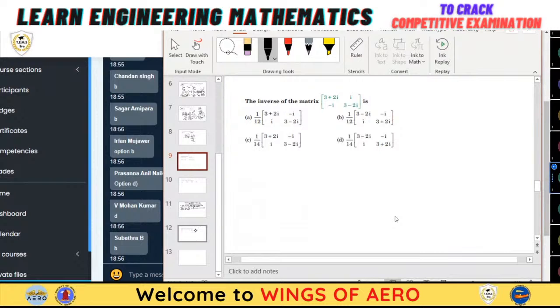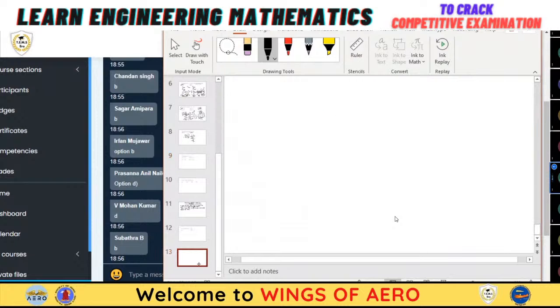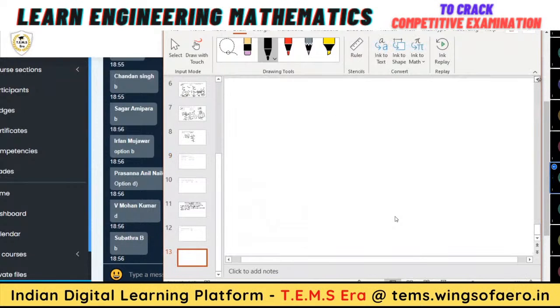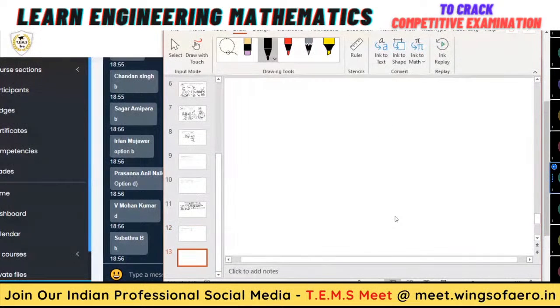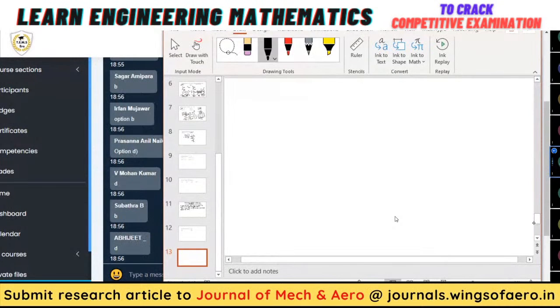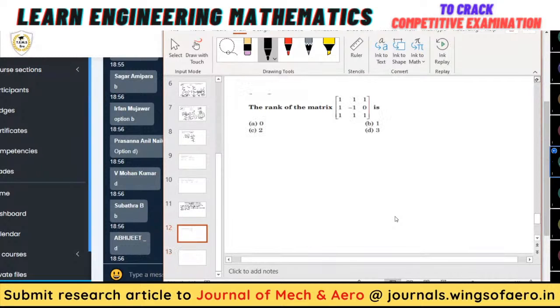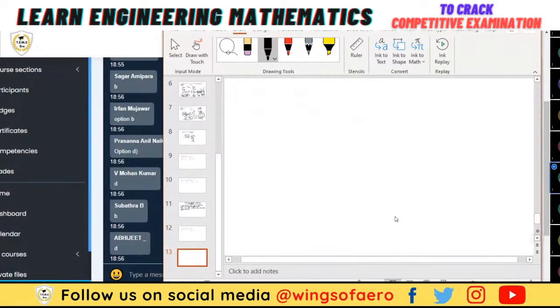Okay, I will stop the poll now. Now I will show you the basic method, that is the original method to find the inverse, that is how to find the adjoint.